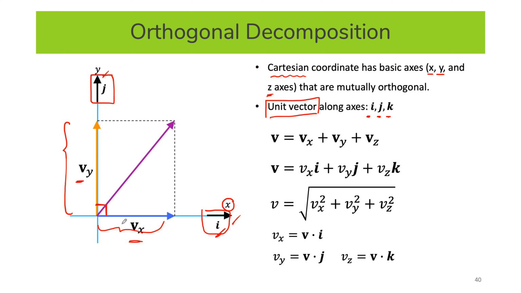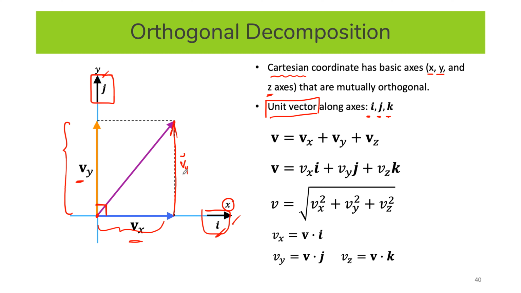Now, if you recall, to sum vx and vy, I have to connect the tail of vy to the head of vx. So I will have to put vy over here. And then I have to draw from the tail of vx to the head of vy. And this is where I will land.